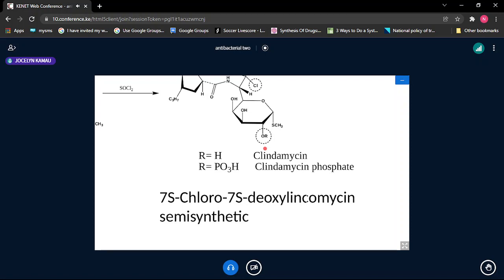You could do esterification with propionic acid to get erythromycin estolate, and you could also do esterification with ethyl succinate to get erythromycin ethyl succinate. We have done all these things.